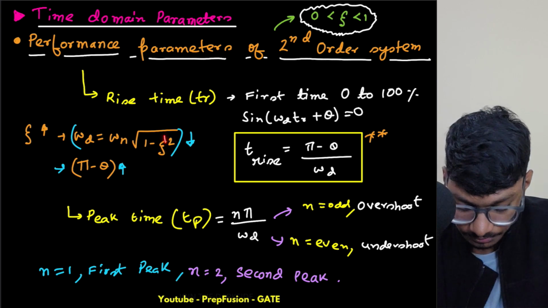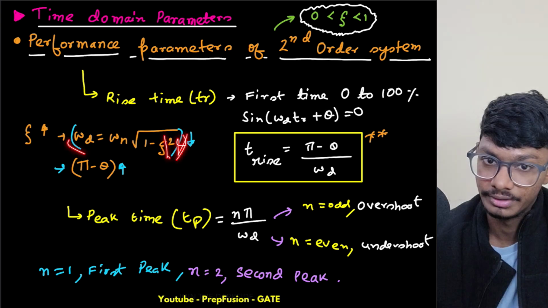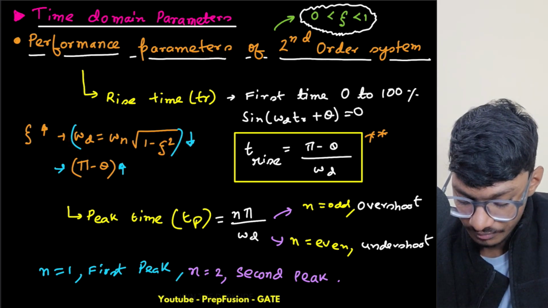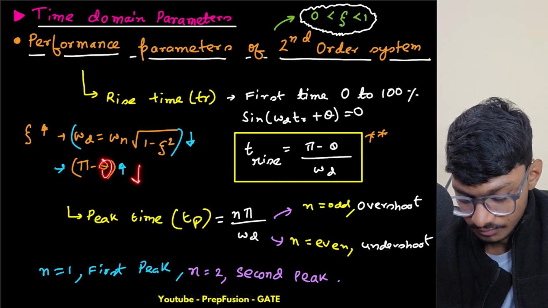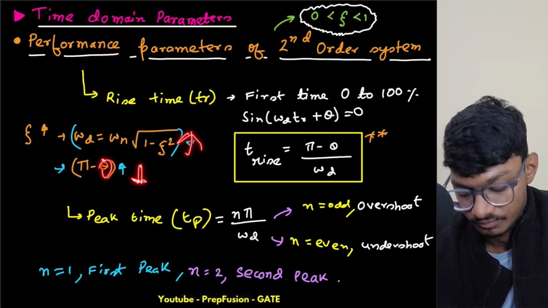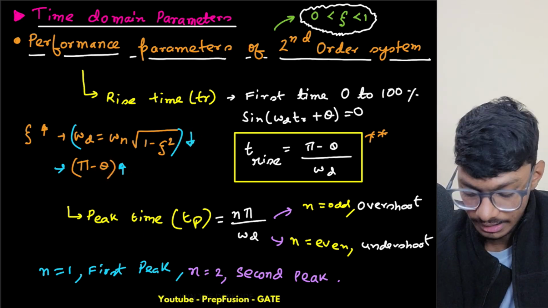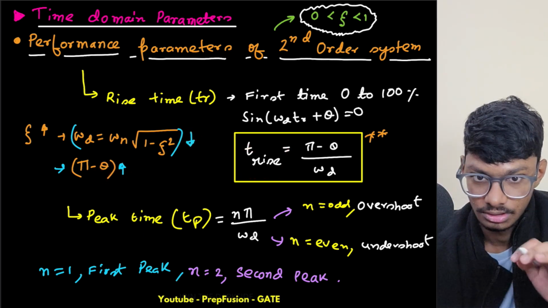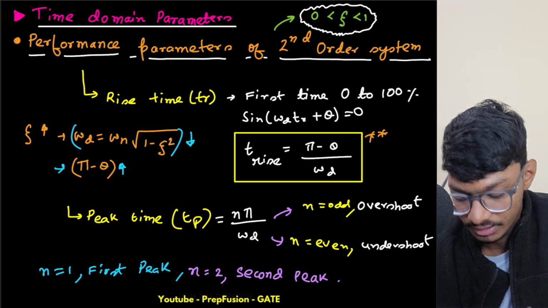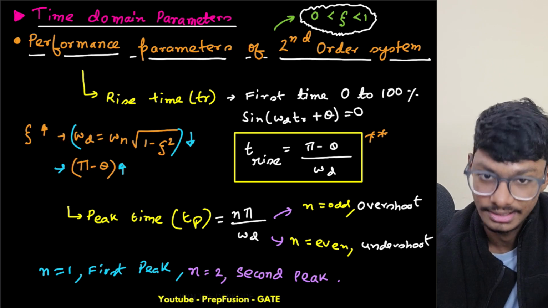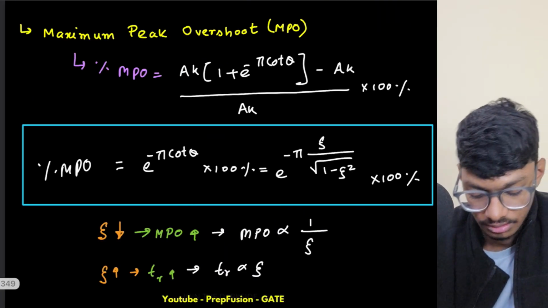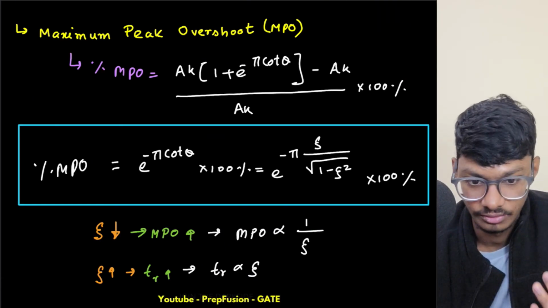If I reduce zeta, then this thing overall will increase, and this one will also decrease. But this one is increasing and this one is decreasing. Then also you can say the same thing, that your rise time is reducing if I decrease zeta, because this one overall will reduce and this one overall will increase. So you can understand it that way also.